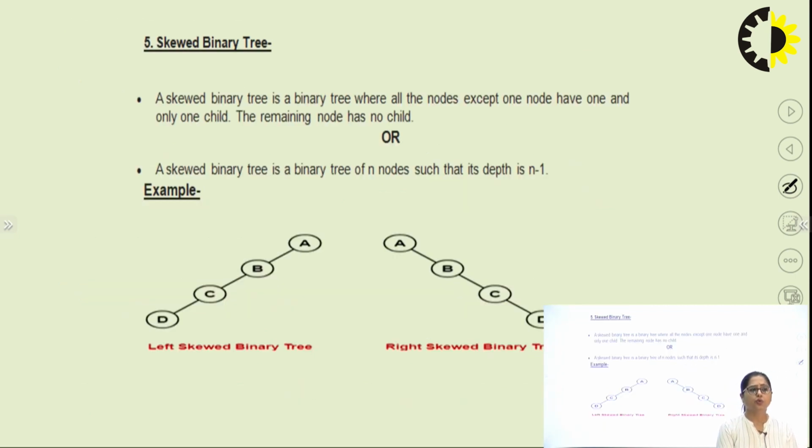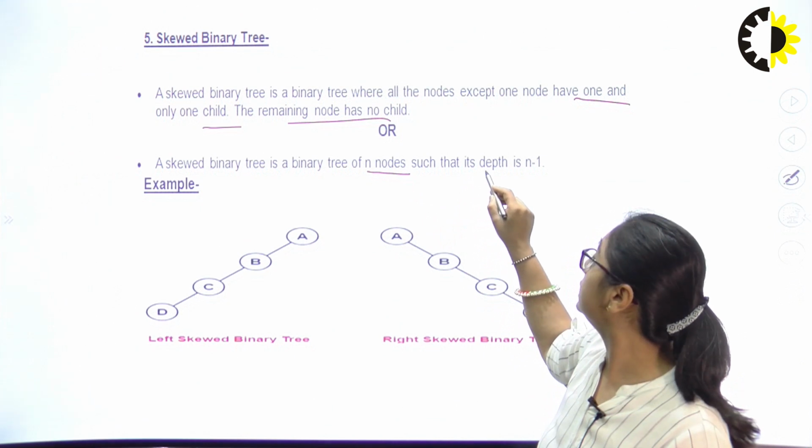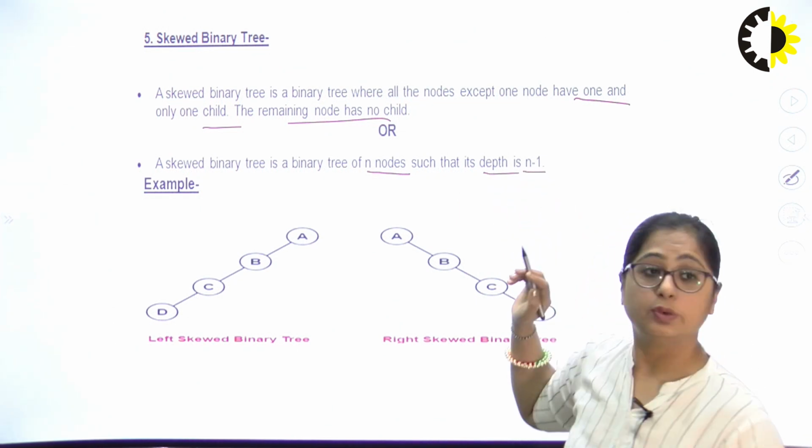Next is a skewed binary tree. A skewed binary tree is a binary tree where all the nodes except one node have 1 and only 1 child. The remaining node has no child. So a skewed binary tree is a binary tree of n nodes such that depth is equal to n minus 1.